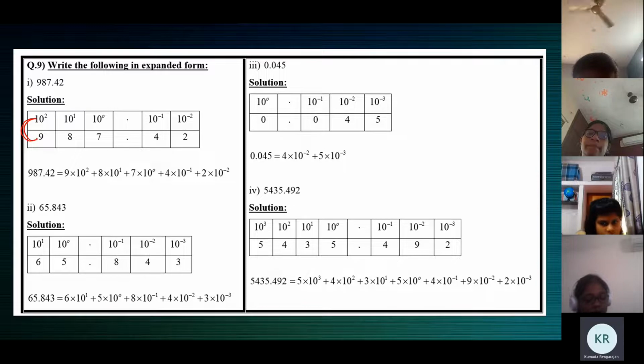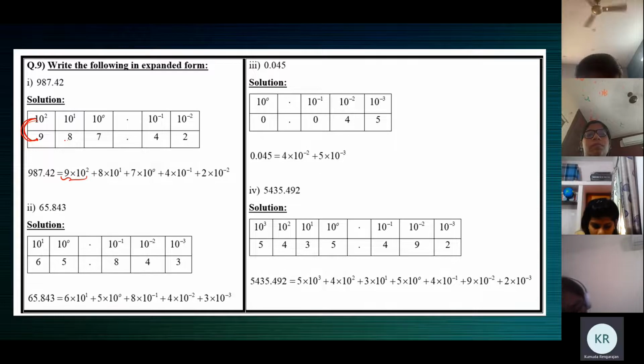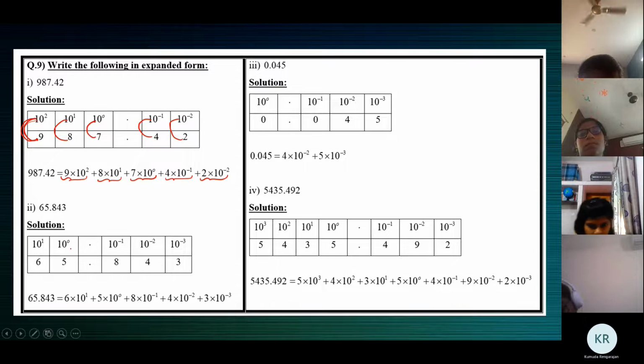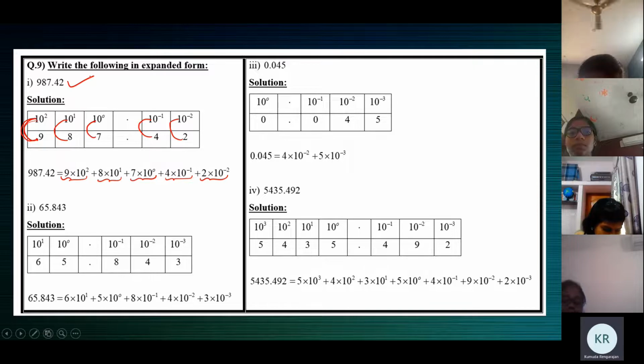So 9 into 10 square plus 8 into 10 to the power 1 plus 7 into 10 to the power 0 plus 4 into 10 to the power minus 1 plus 2 into 10 to the power minus 2. This is how we write this decimal number in the expanded form.